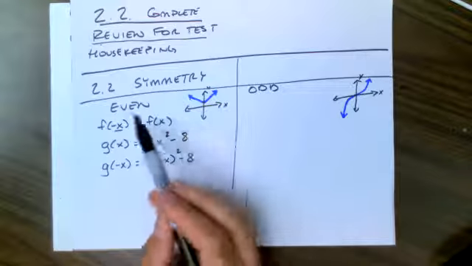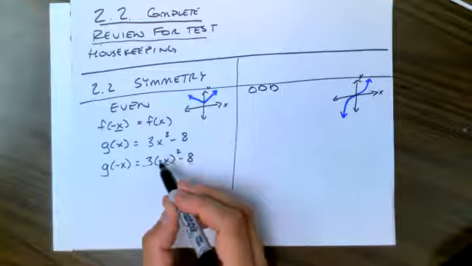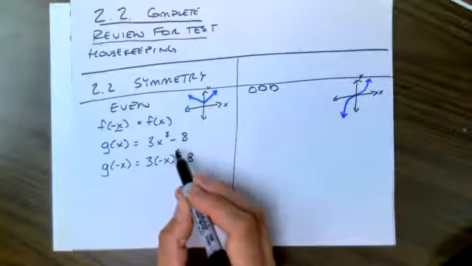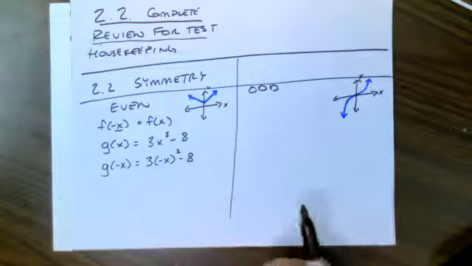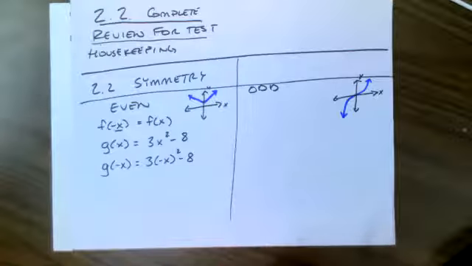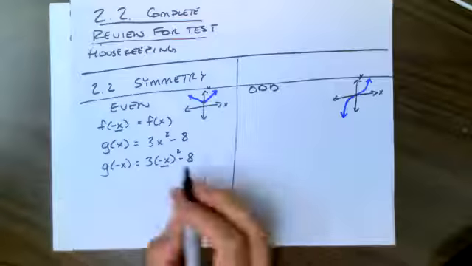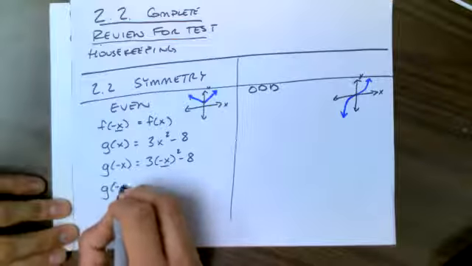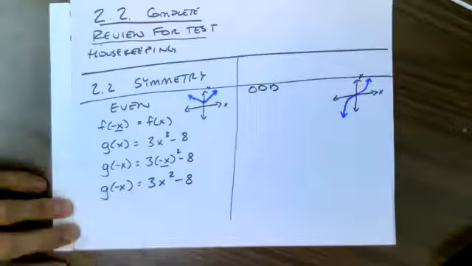Now what happens, and this is why it's called even symmetry, is that when you raise a negative number to an even exponent, it makes the sign positive. Like negative 3 times negative 3 turns out to be positive 9. So the negative goes away because we're squaring it. This becomes 3x squared minus 8.